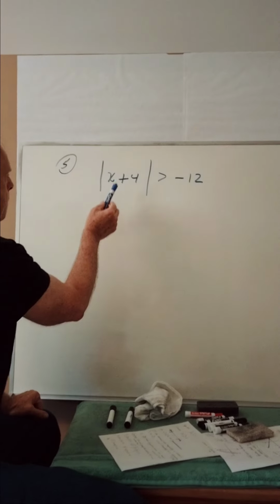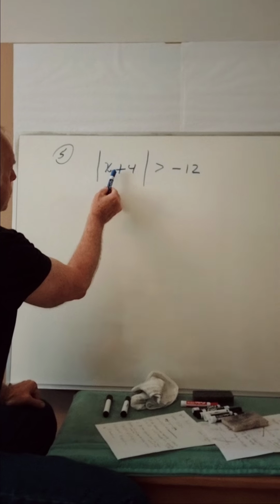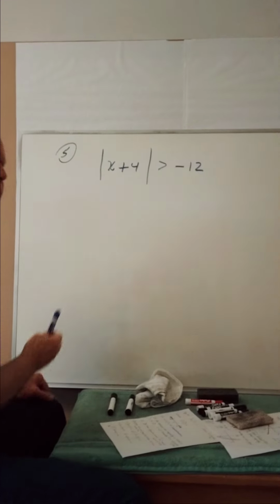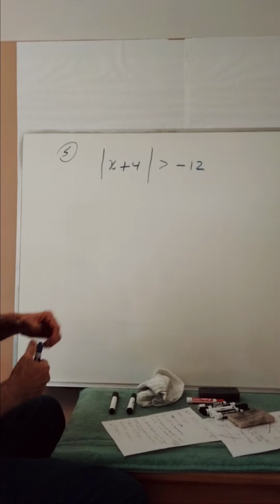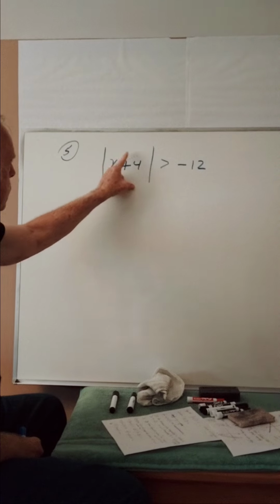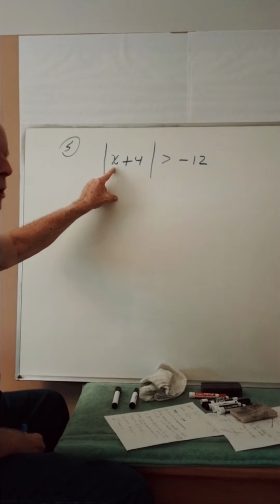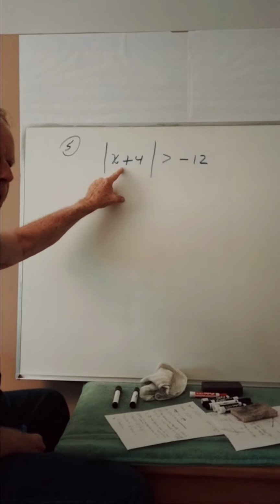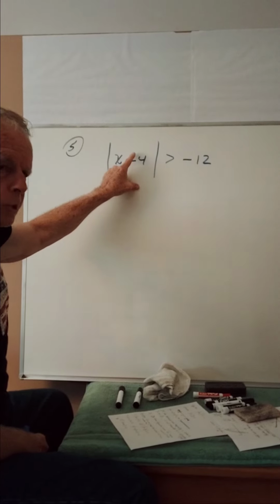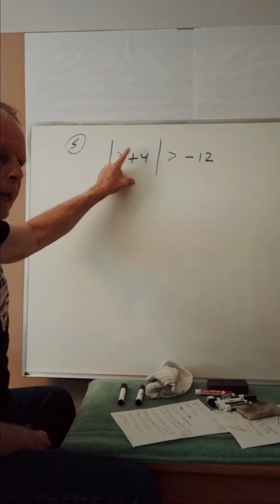Like this one. This is saying that the absolute value of x plus 4 must be greater than negative 12. It has to be greater than negative 12 because the absolute value of any expression must be either 0 or positive. It cannot be negative.